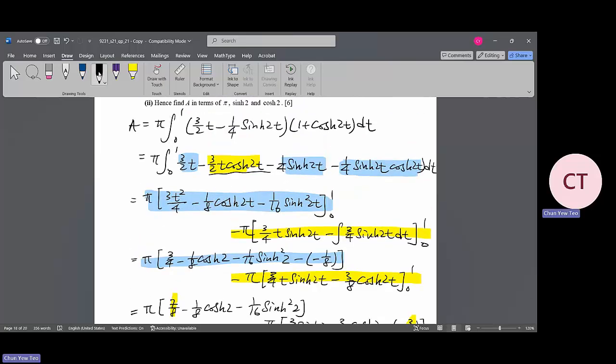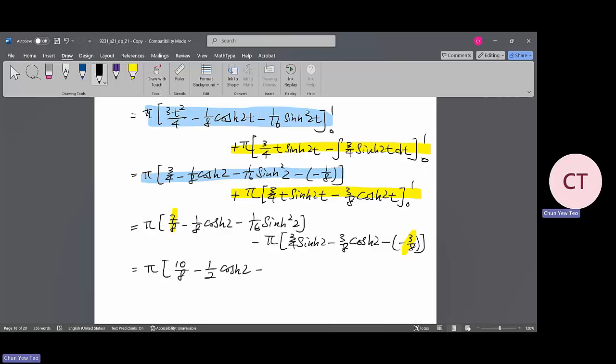Oh, I made a mistake. My apology. This is a plus. This is a plus. This is a plus. My apologies. Okay, then correct already. So this one is plus the 3/4 sine 2. Okay, so this is the answer.